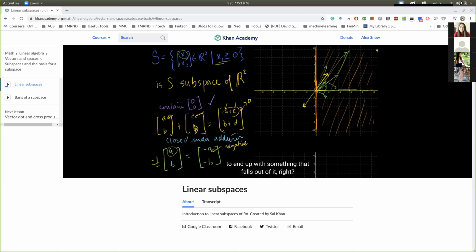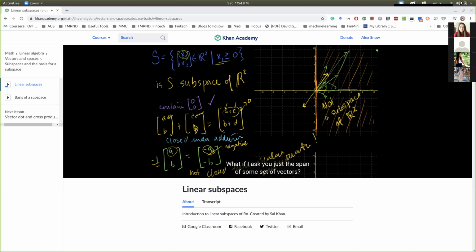So this subset of R2 that I drew out here is not a subspace, because it's not closed under scalar multiplication. Not closed. So this is not a subspace of R2.